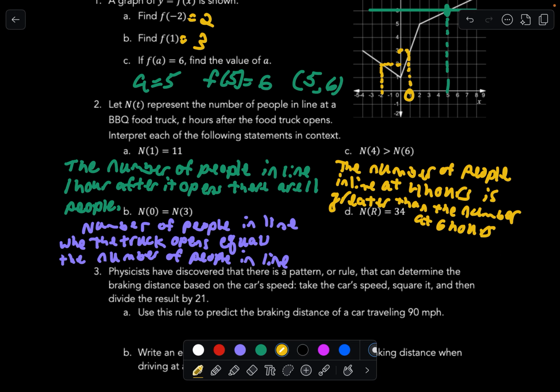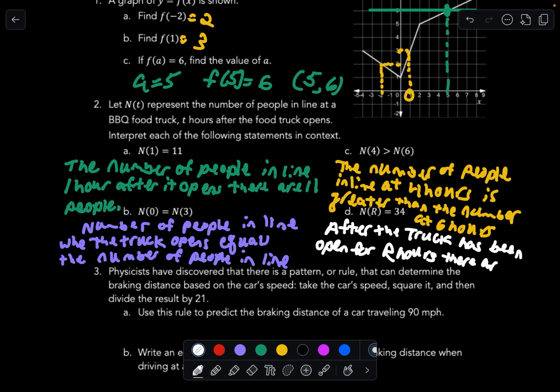Okay, so this is going to be after the truck has been open for r hours, there are 34 people in line.